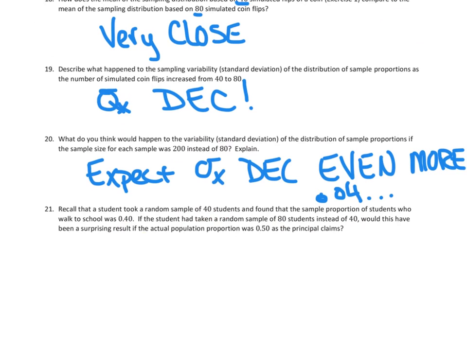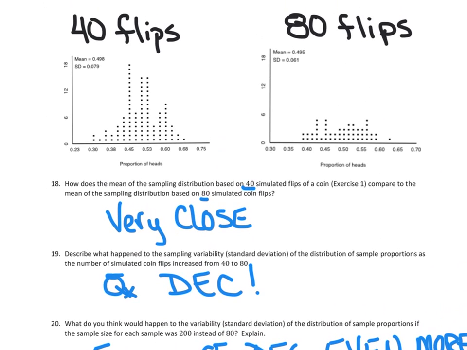Let's go back and look at that chart. Remember, when we only did 40 flips, we said 40's right here. You've got 4 students here, 2 more, 3 more, 1 more, 2 more. There was a pile of samples that had a proportion of 40% or less. They said, based on that, it's not that surprising.